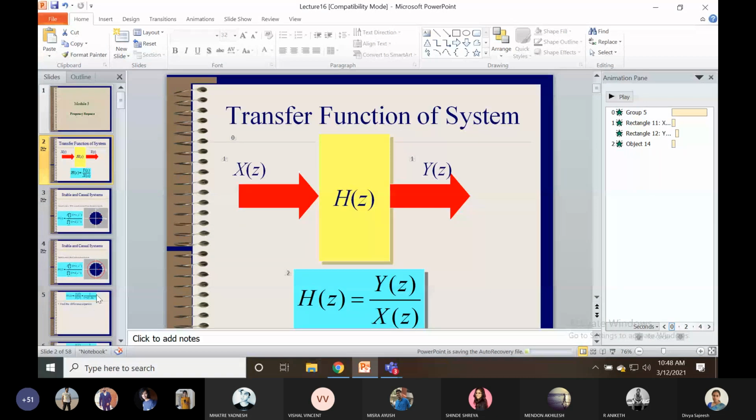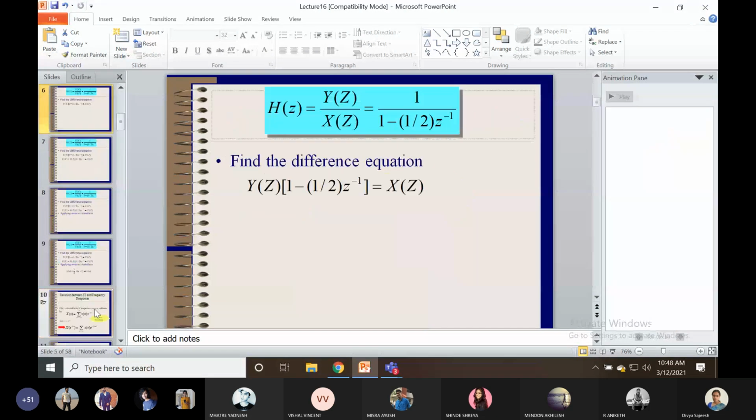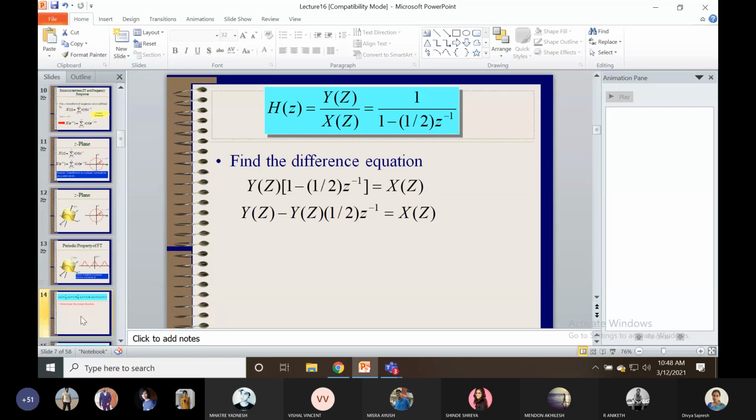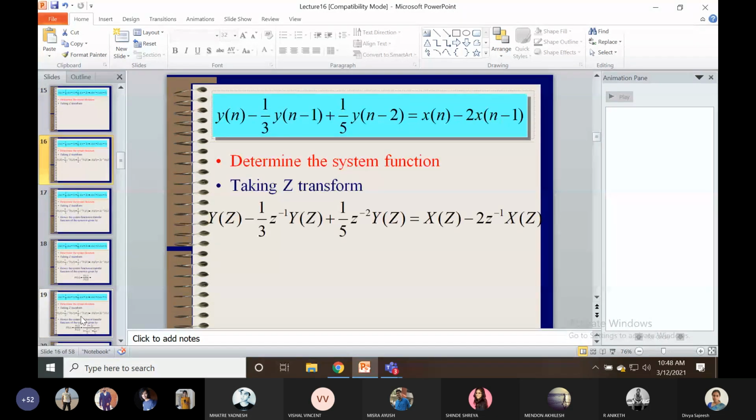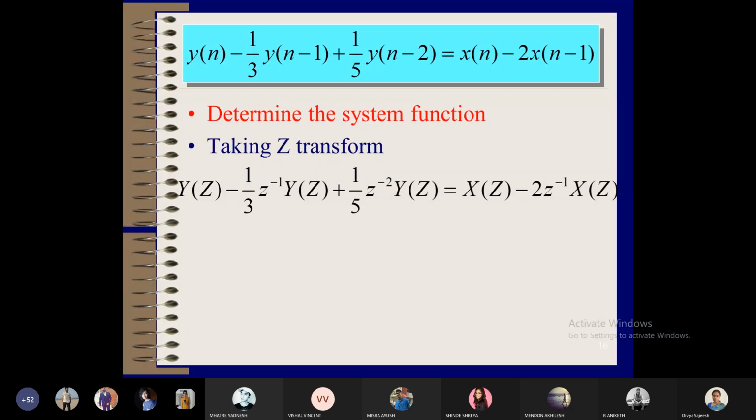Isn't it that the equation you just obtained here contains input and the output? Y of z is also present, X of z is also present.